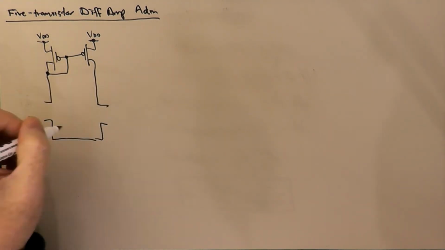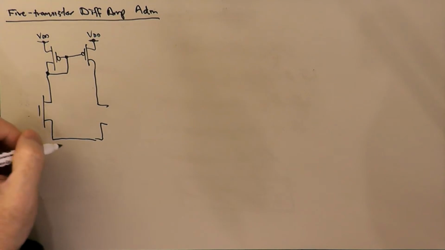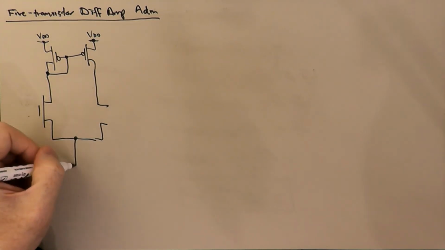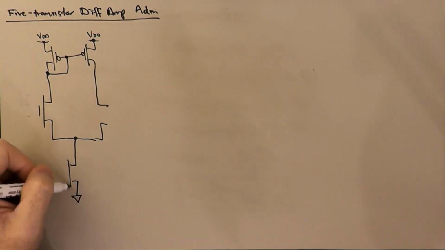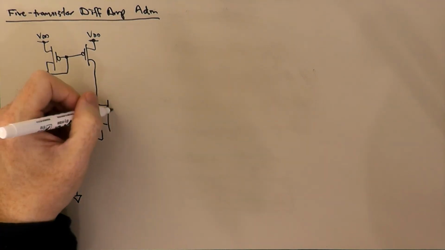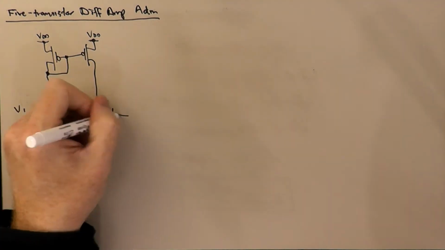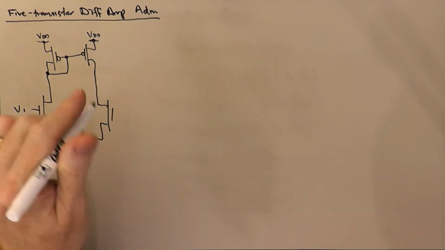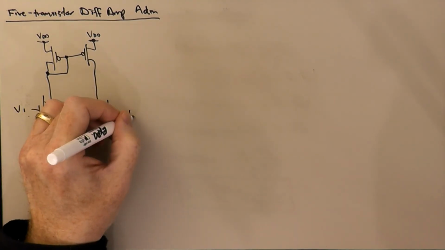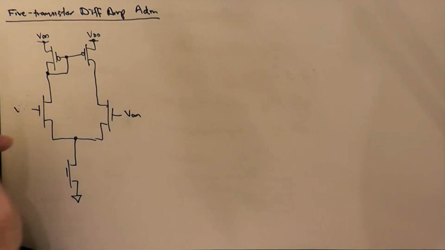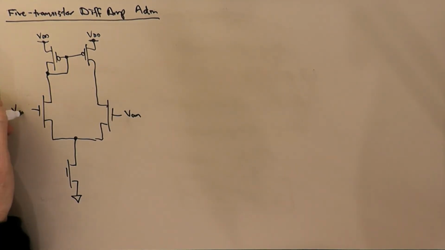Diff pair. So we have V1 and V2. And we're going to assume that the starting point is a pure common mode input.